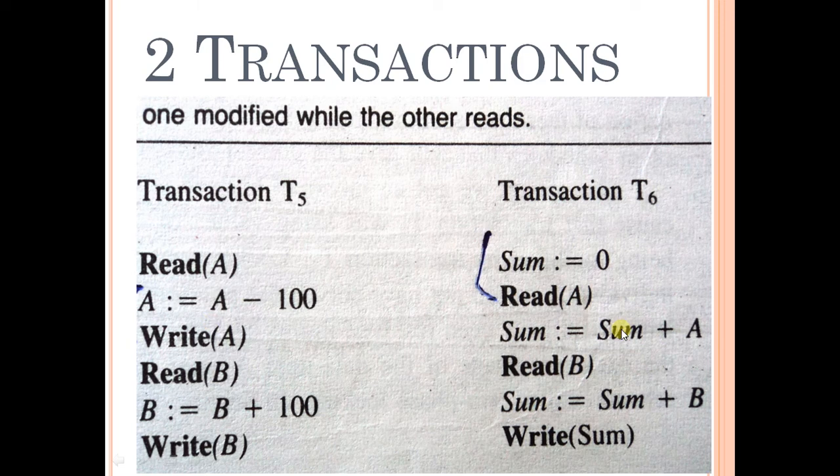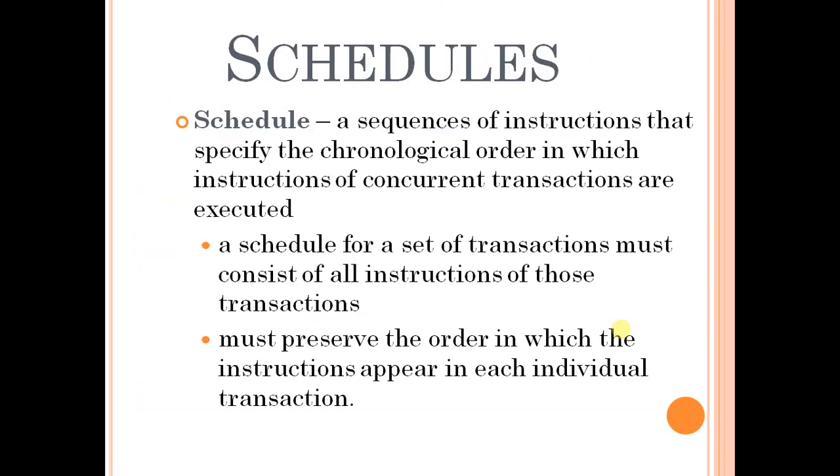Now, what is a schedule? A schedule is a sequence of instructions that specifies the chronological order in which instructions of concurrent transactions are executed. Technically, a schedule consists of multiple transactions. So, what is the general criteria?